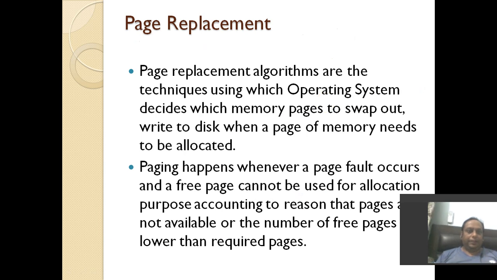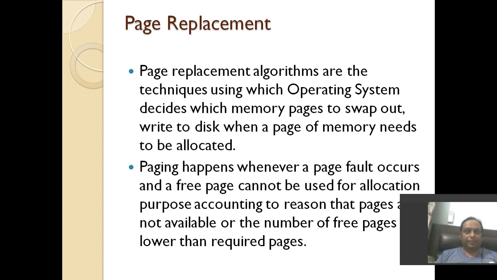Now the next topic is page replacement. The page replacement algorithm is the technique by which the operating system decides how pages are swapped out of memory and new ones allocated. If we have content, how can we swap the values and assign new values in the pages for executing the process?